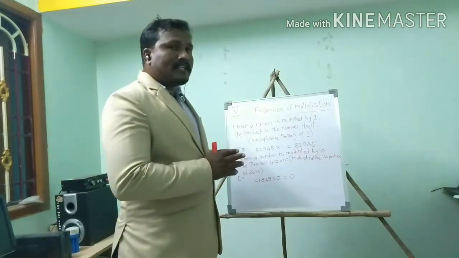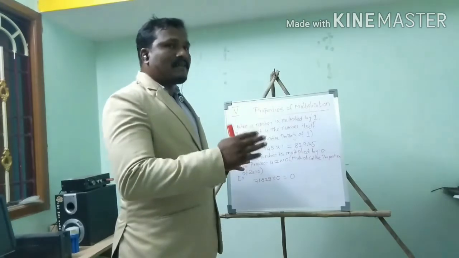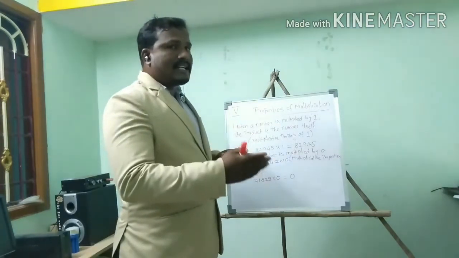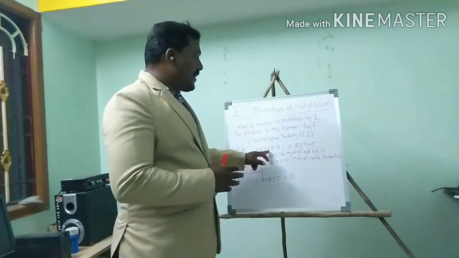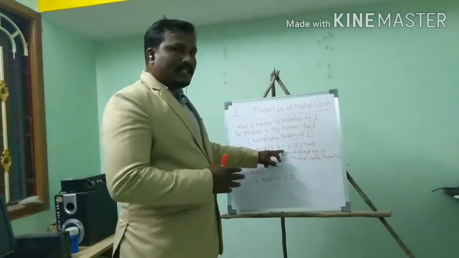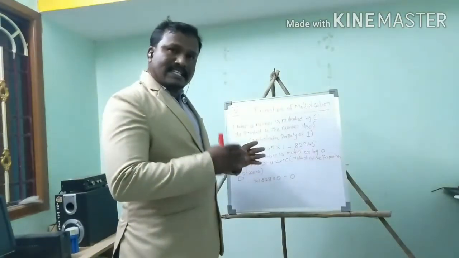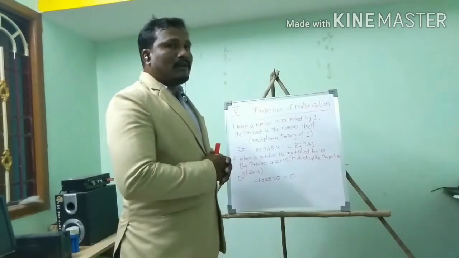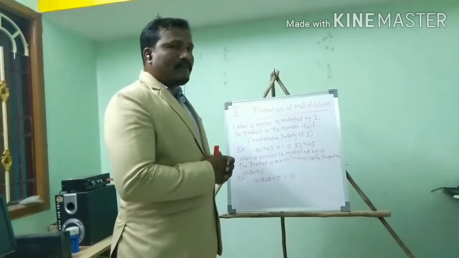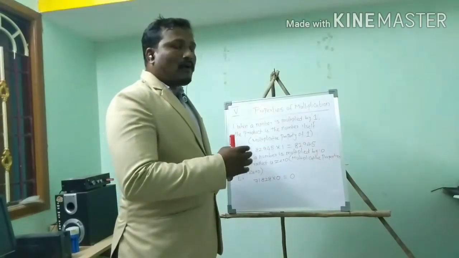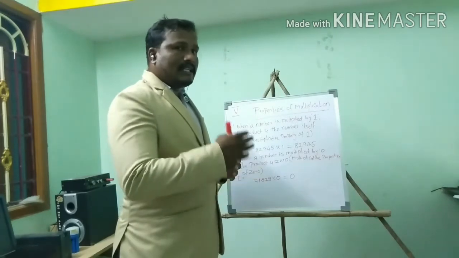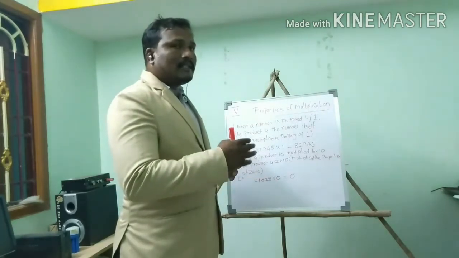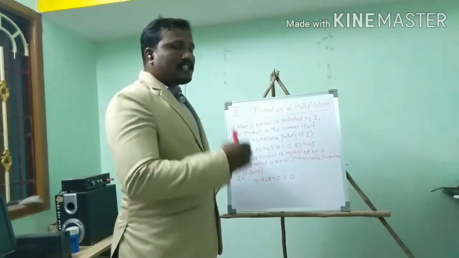What is the product? I get the same number: 82945 times 1 is equal to 82945. This is the first property of multiplication. When a number is multiplied by 1, the product is the number itself.